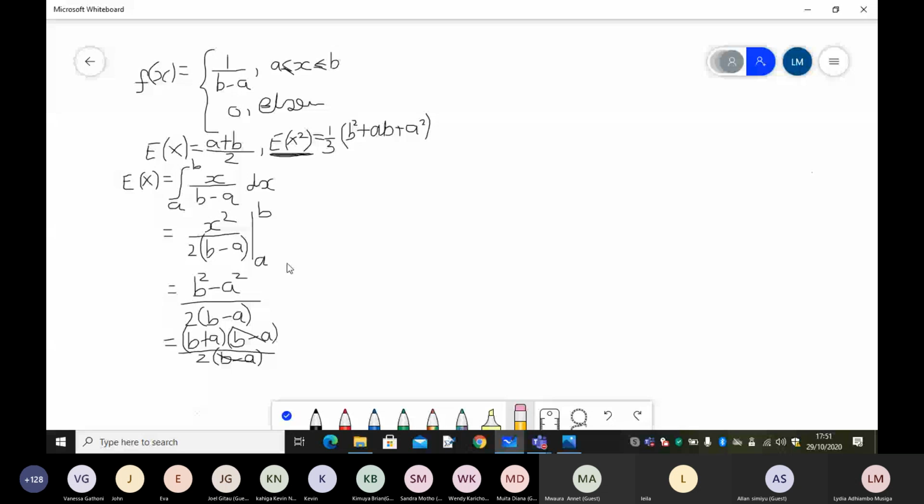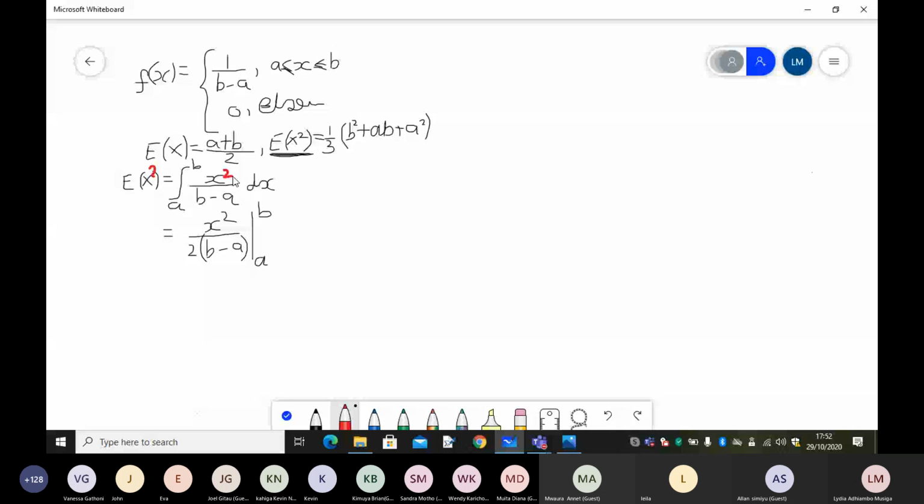now let me rub this. And now, let me use a red pen so that everybody can see. The expectation of X squared is equal to the integral from A to B of X squared f of X, which is X squared over B minus A dx.